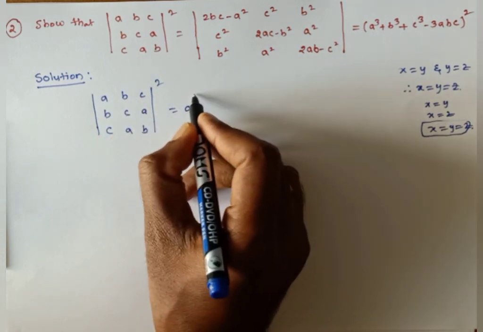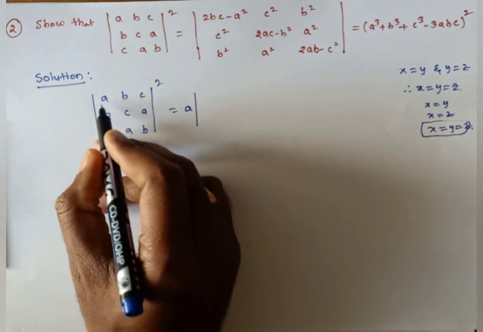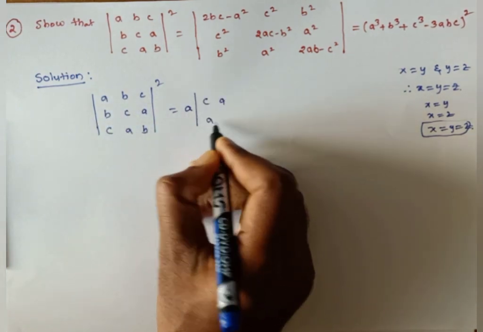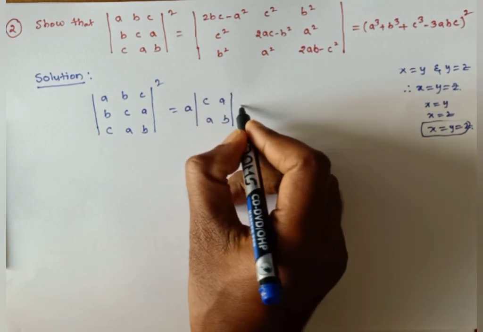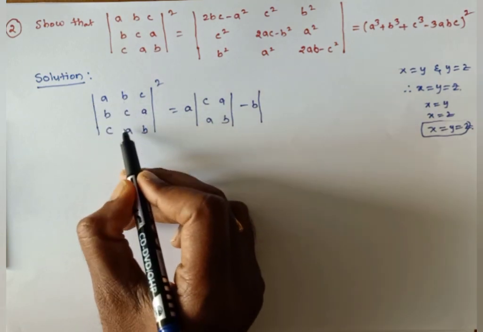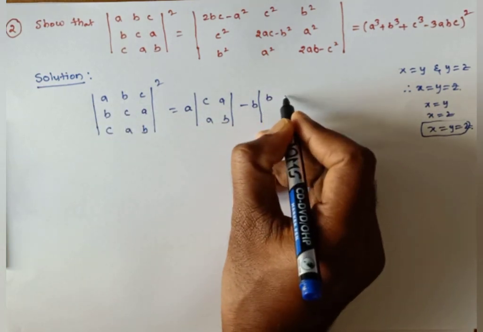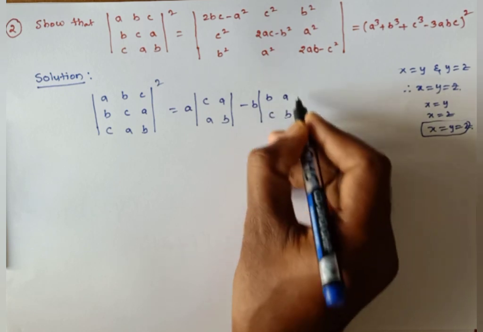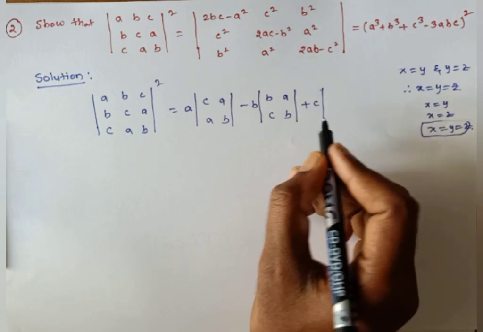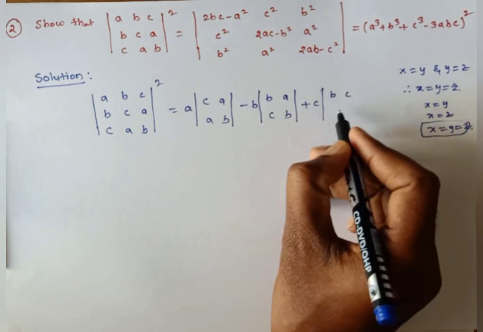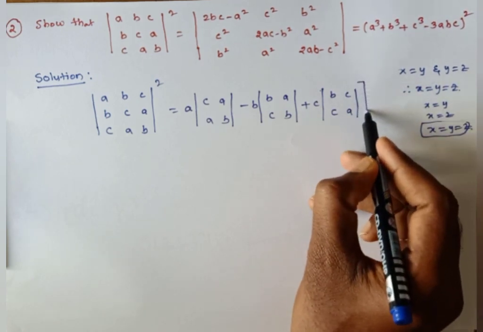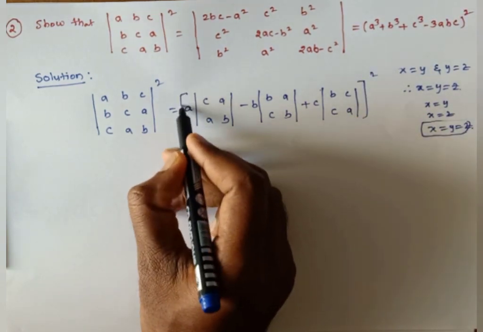So plus A into the minor of A, by deleting this row and column, this is C A B. Next minus B into this, by deleting this row and column, we get the elements B A C B, and plus element C times of B C C A. And this is square, this number square.